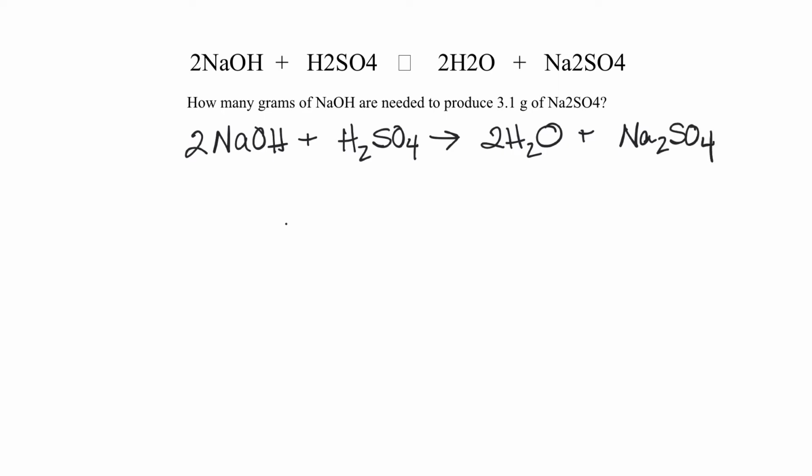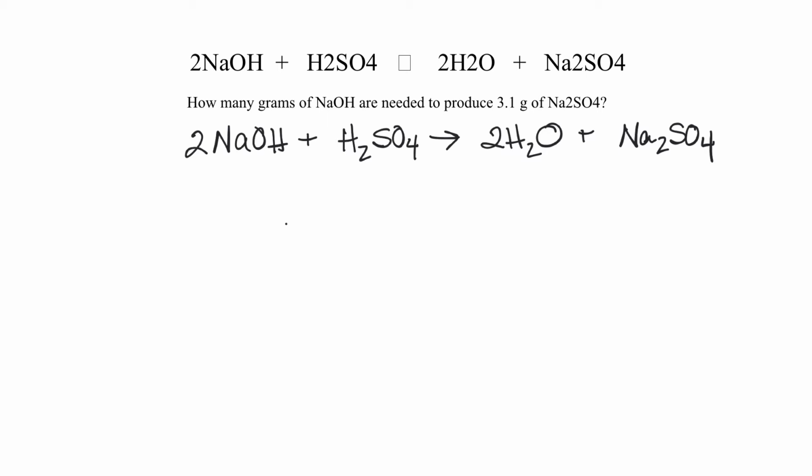The first thing you want to do is always start with what you're given. It's asking how many grams of sodium hydroxide are needed to produce 3.1 grams of sodium sulfate. So they're giving us 3.1 grams of sodium sulfate, and we're always going to start with what we're given.